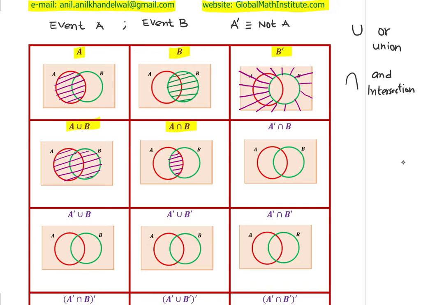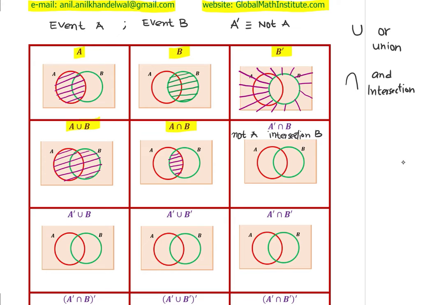Now we come to many exercises where the complement of one of the events means not A intersection B. So that is very interesting. What does that mean? Let's try to understand. It means not A intersection B. That means outside A, but within B. You get the idea.